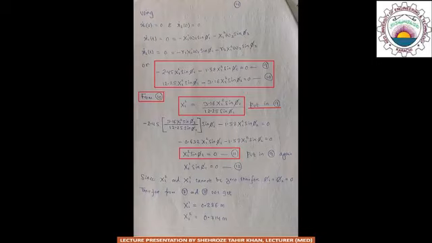After substituting equation 11 in equation 9 again, we get equation 12, which is written as follows: x11 sine phi1 is equal to 0.